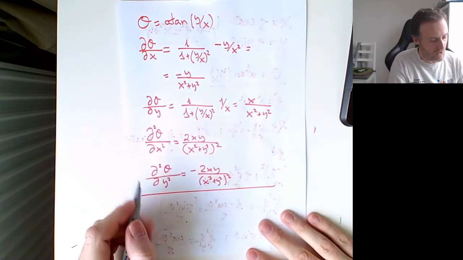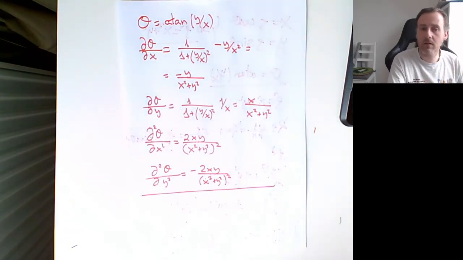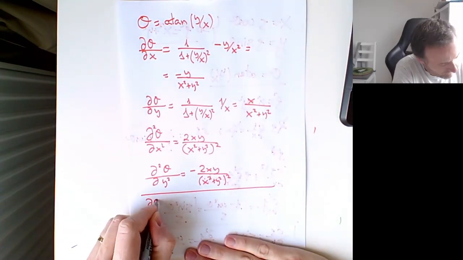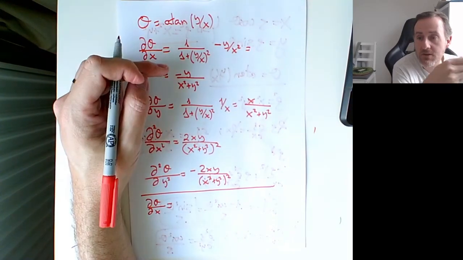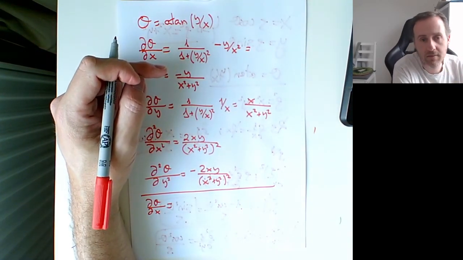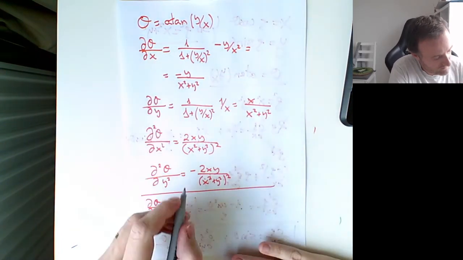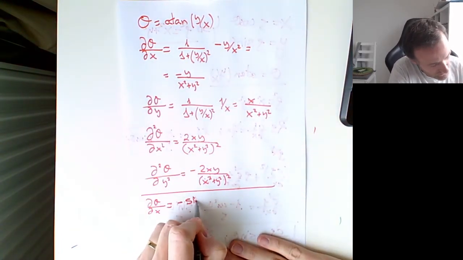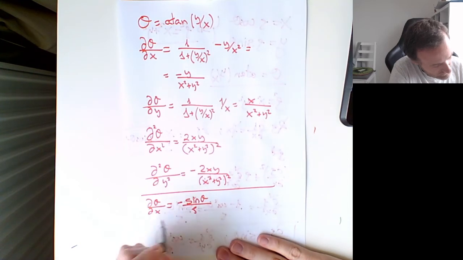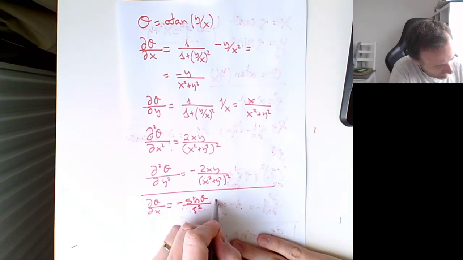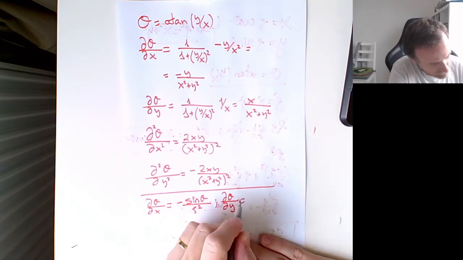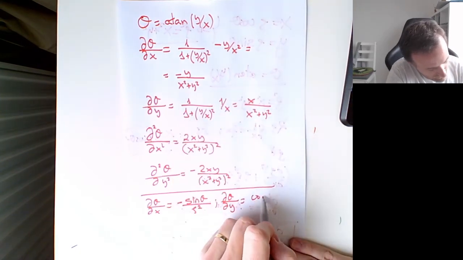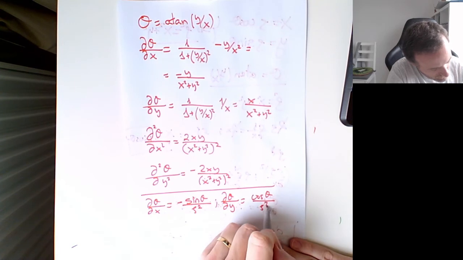If we want to express all these partial derivatives with respect to polar coordinates, here we have minus y, which is rho times sine of theta. Here we have rho squared, so what we have is minus sine of theta over rho squared. The partial derivative of theta with respect to y is 1 over x, so cosine of theta divided by rho squared.